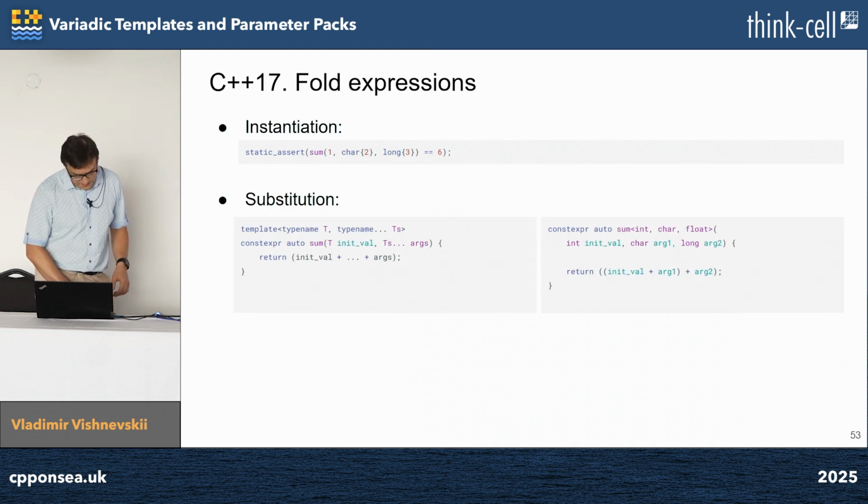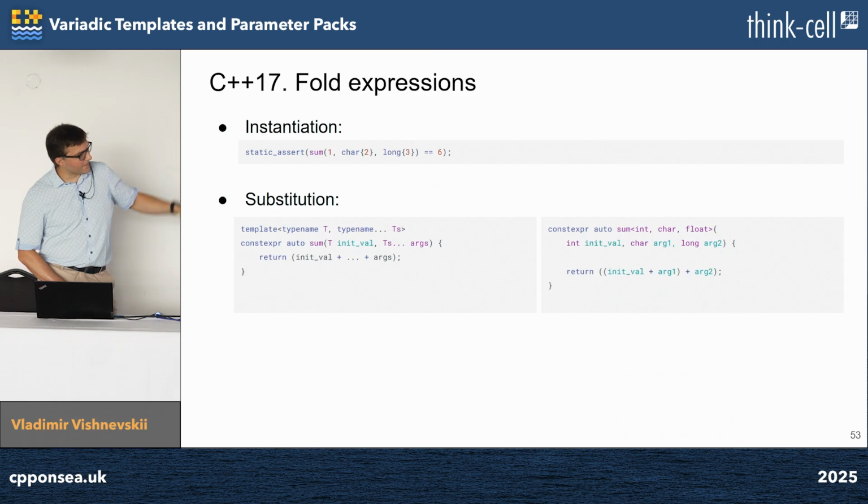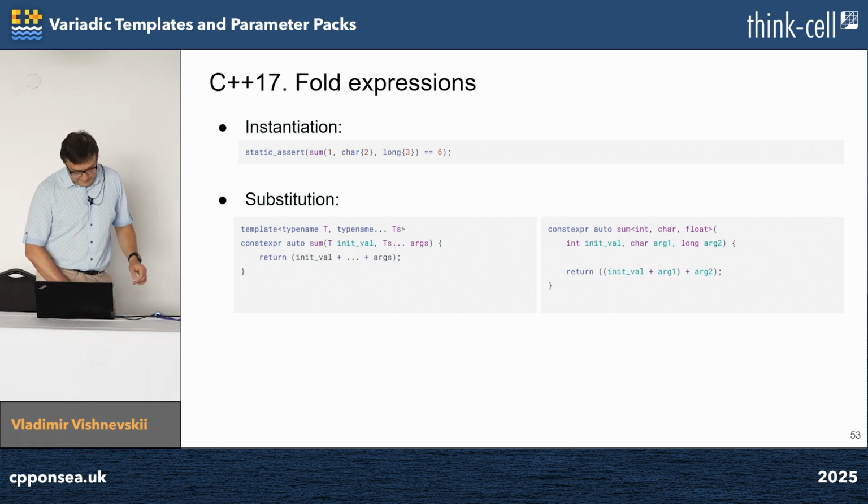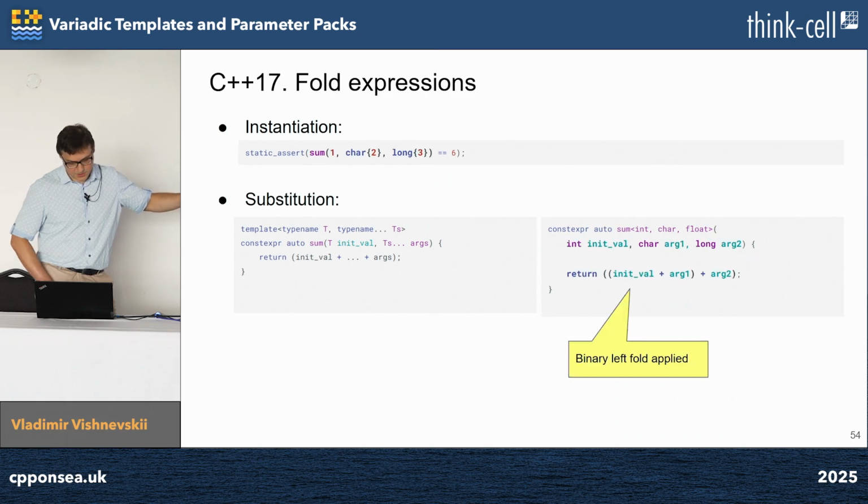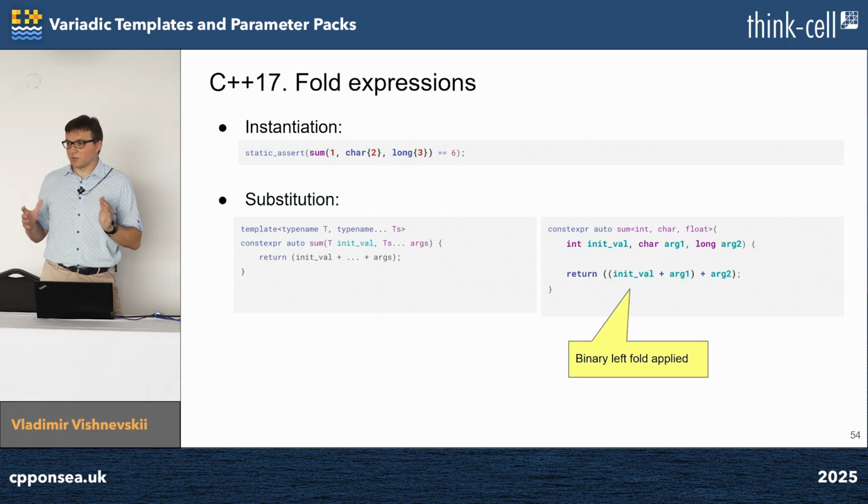This would be expanded and substituted in the following construct. If we call this function with some arguments, it will be substituted in the following construct. We will have the initial value to which the first argument will be added, and to the result of this, the second argument will be added.